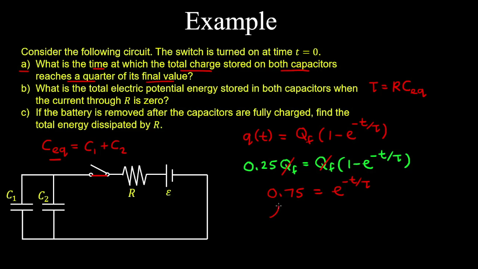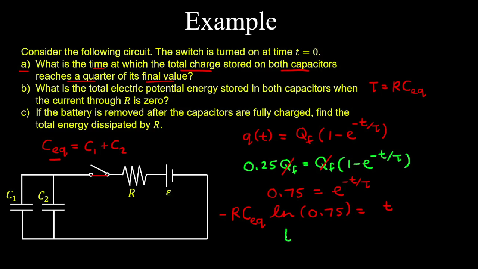And taking the natural log of both sides, we have the natural log of 0.75 is equal to minus t on tau, and then if we multiply through by tau, we get R by the equivalent capacitance. And dividing through by minus 1, we get the following expression for the time.